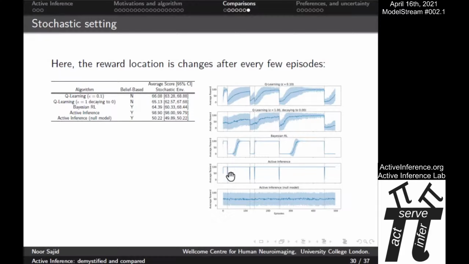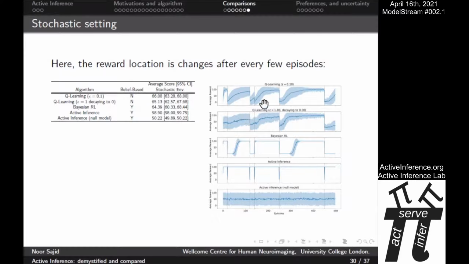In comparison, the active inference agent, instantly after the first trial of doing the incorrect thing, is able to switch over to the appropriate policy. And the reason for that is that in these RL settings where we're considering it as a learning problem, you need to first do reversal learning of where the reward location is, and then relearn the new reward location.